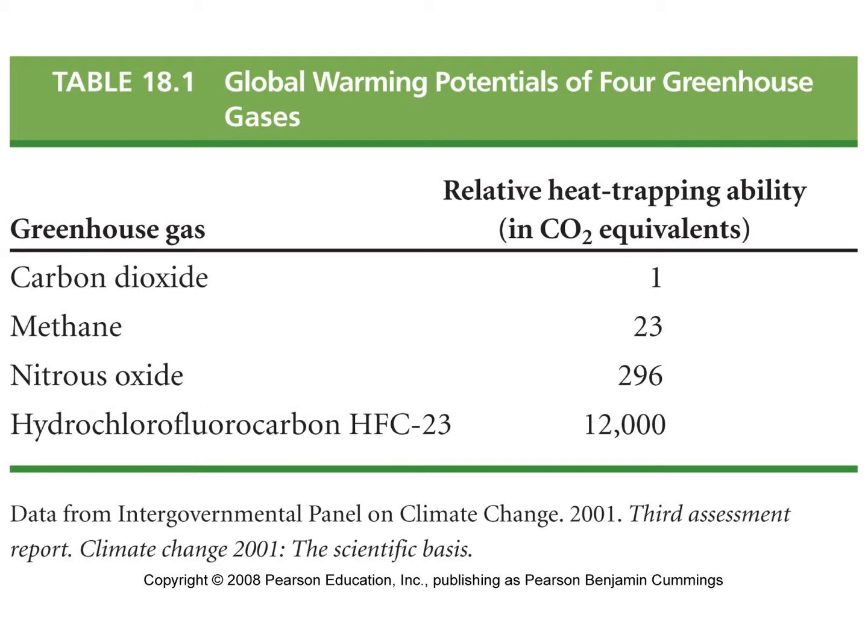So if we just look at this, we think, oh, well, nitrous oxide should be much more of a concern than carbon dioxide. But, you know, we always talk about carbon dioxide. And that's because there's so much of this that this is the most prevalent one. And so this really is the most important greenhouse gas. It also is a little bit more persistent in the atmosphere than these gases. So that helps even off these numbers as well.